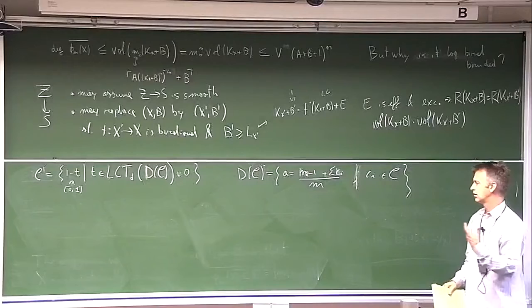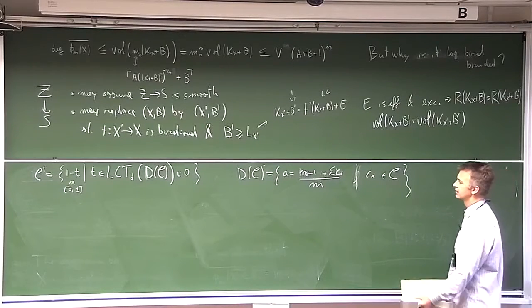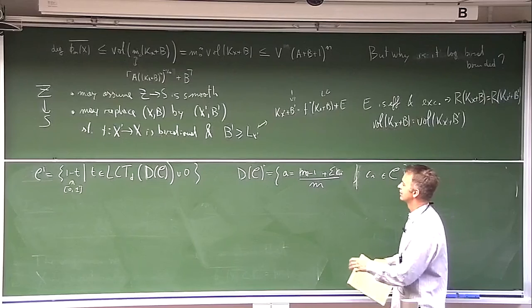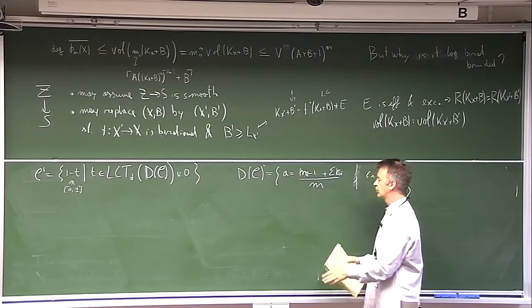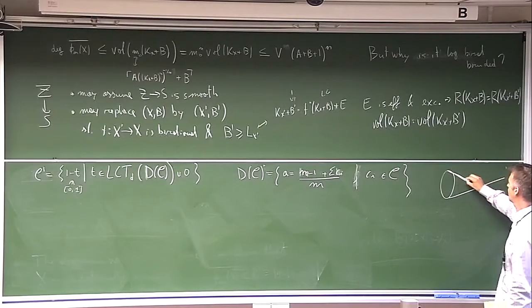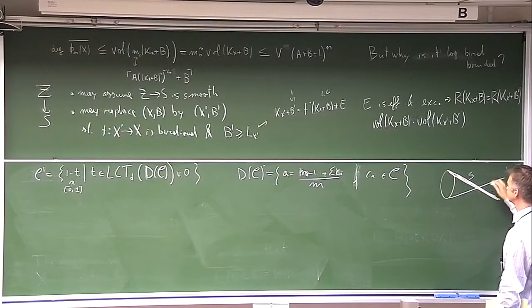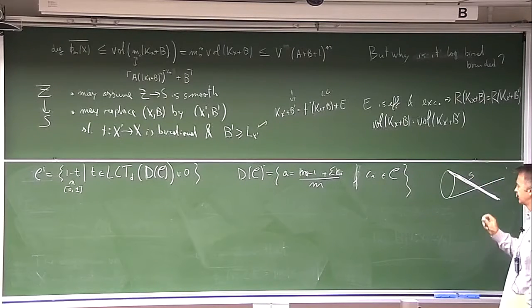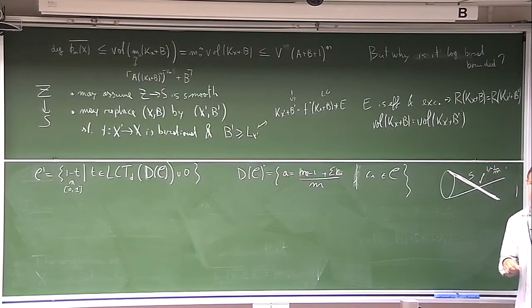Okay, so this is a horrible mouthful, but where is this coming from? I told you that when you do adjunction, it's natural that if you have a cone of a rational curve and your log canonical center is one of these lines and you restrict to that, then you will get coefficients 1 minus 1 over m at the vertex, where m is the degree of the rational curve.